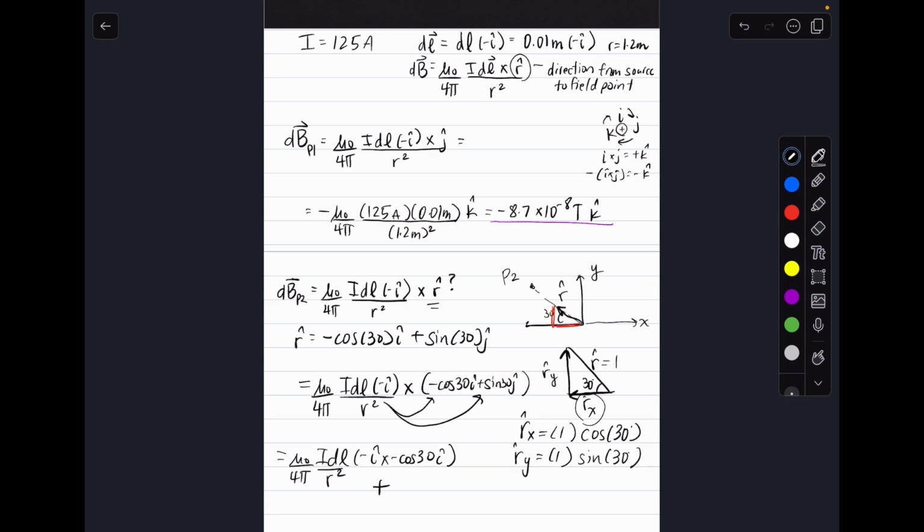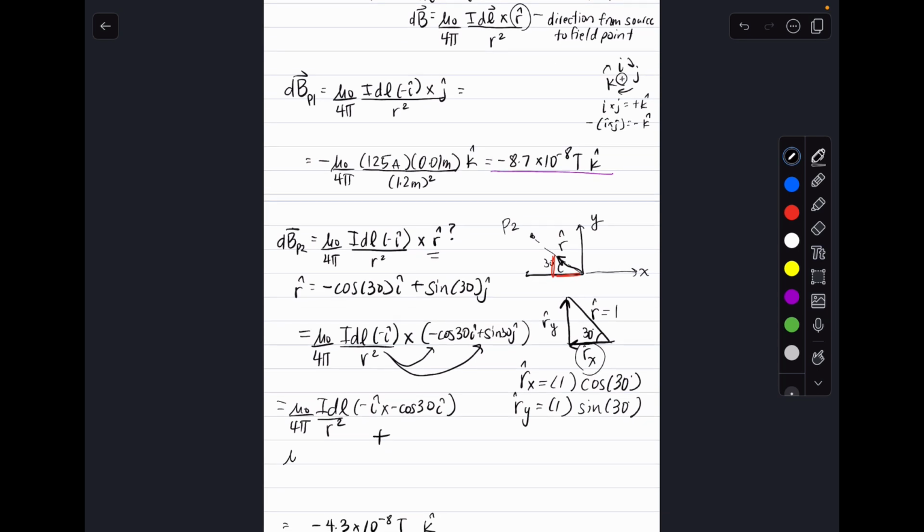Plus, 2 terms, right? This constant gets distributed as well. Now we're crossing negative I hat with sine 30 j hat. And this term is 0, right? Because it's I cross I.